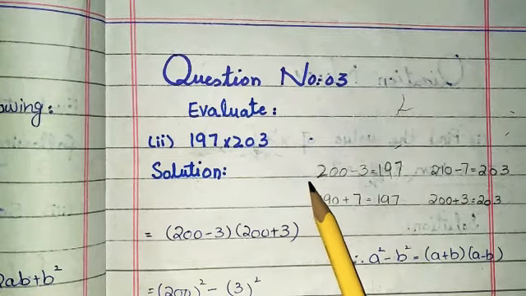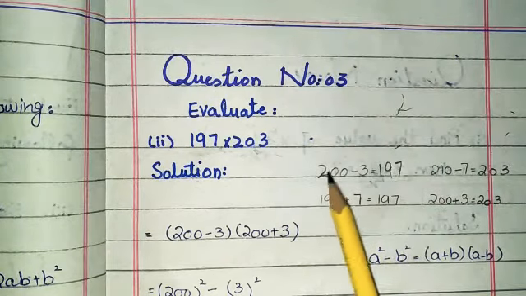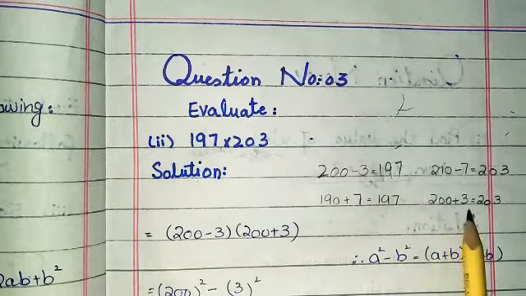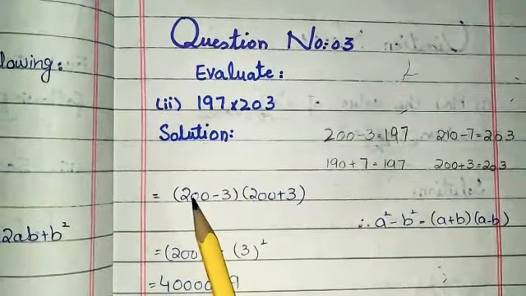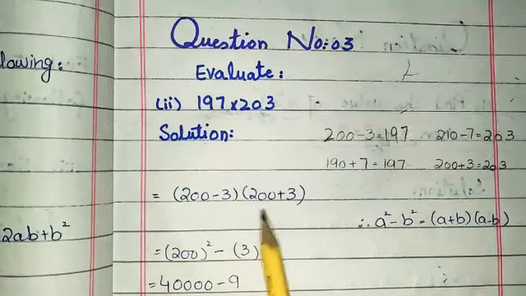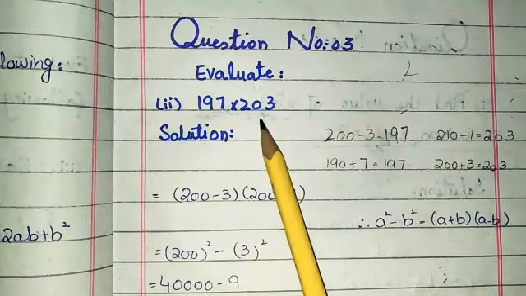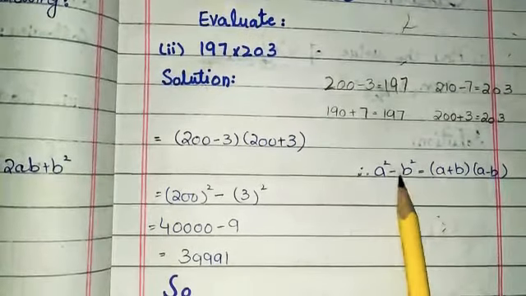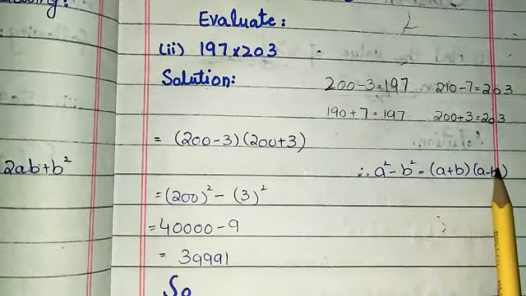So we will use this possibility: when we subtract 3 from 200 we get 197, and when we add 3 to 200 we get 203. So we will use these two numbers. 200 minus 3 we get 197, into 200 plus 3 we get 203. Both numbers are the same, so we will use our formula a square minus b square is equal to (a plus b) into (a minus b).